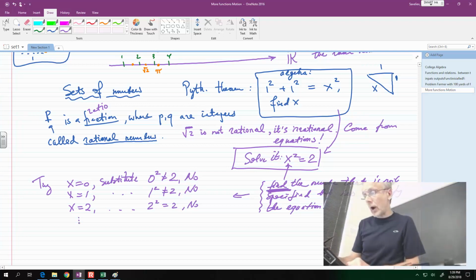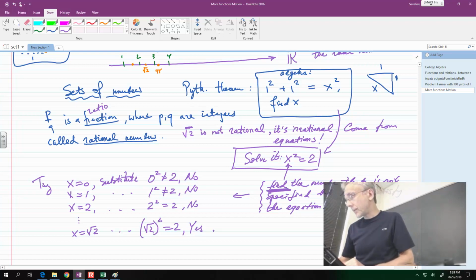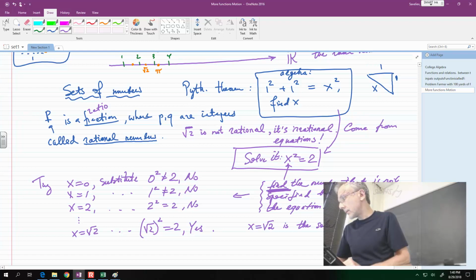So after infinitely many tries, I try x equal to square root of 2. Substitute: square root of 2 squared is equal to 2. So yes, and I put it in the pocket. And this is a tricky part, and we have to watch our grammar here. What should I watch for here?